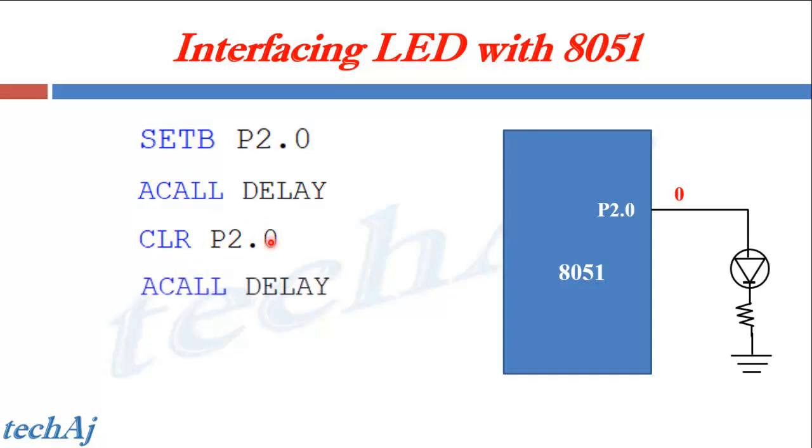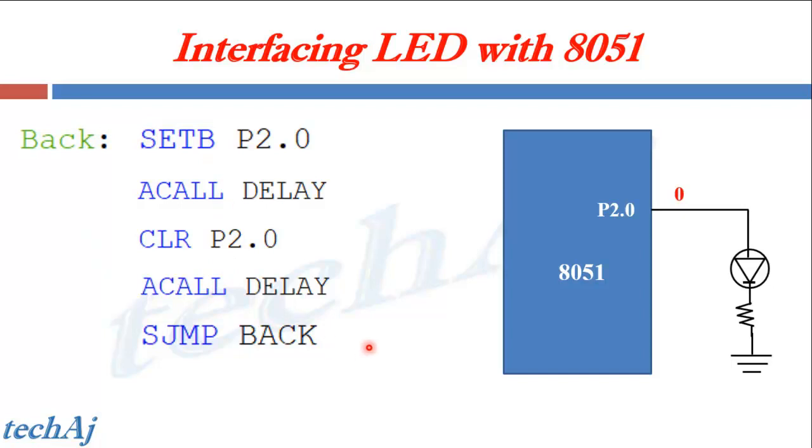Once we send logic 0, again we can give a delay so that the user can observe the off status of the LED. Now this on and off we have to repeat continuously. To repeat it, we have to use the branching instruction, that is SJMP back. This instruction will jump back and execute the program again.